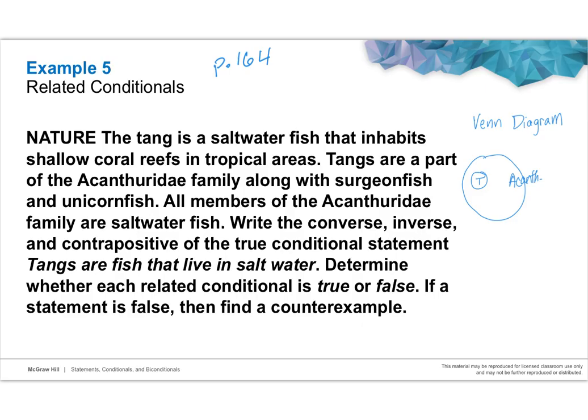But so are the surgeonfish, a part of that family, and also the unicornfish, a part of that family. Then we're also told that all of the Acanthuridae are in general just saltwater fish. So this visual representation of the relationships can help us as we continue to write these conditionals and related conditionals.